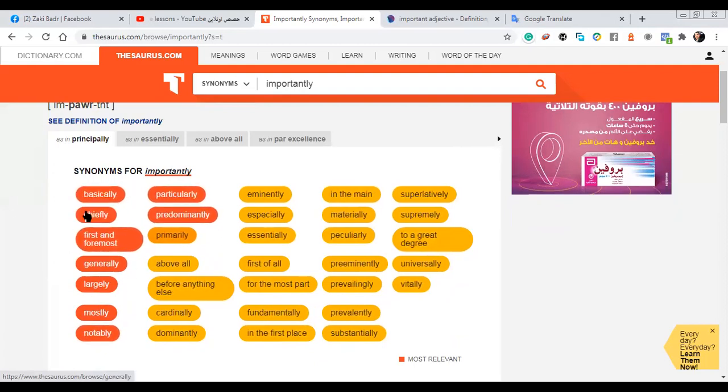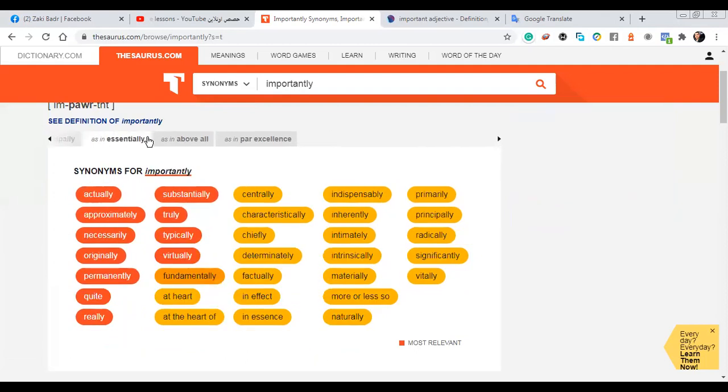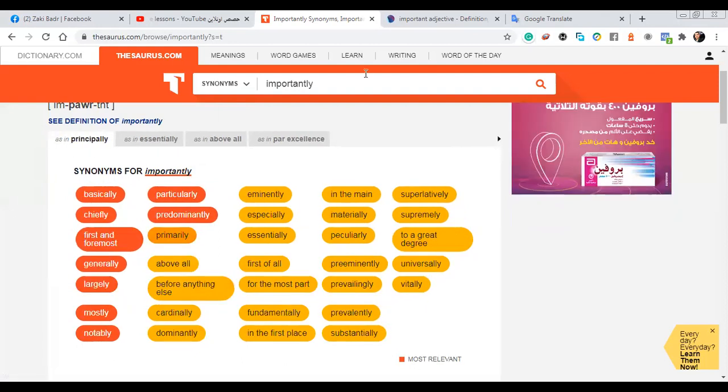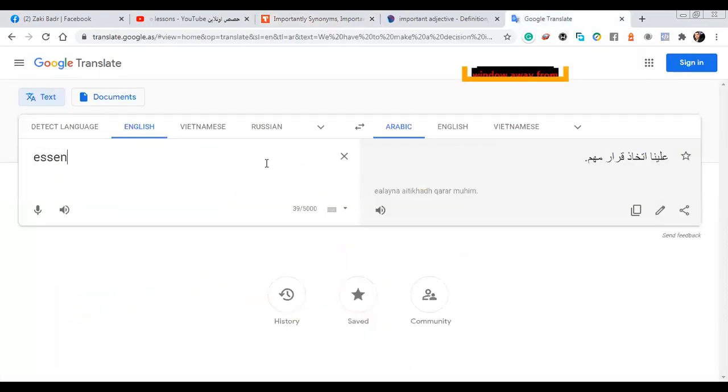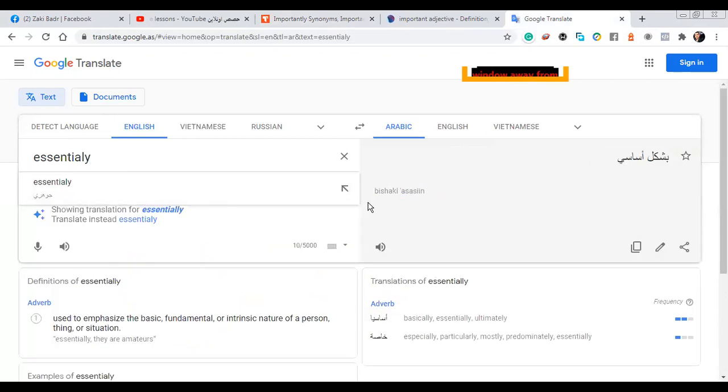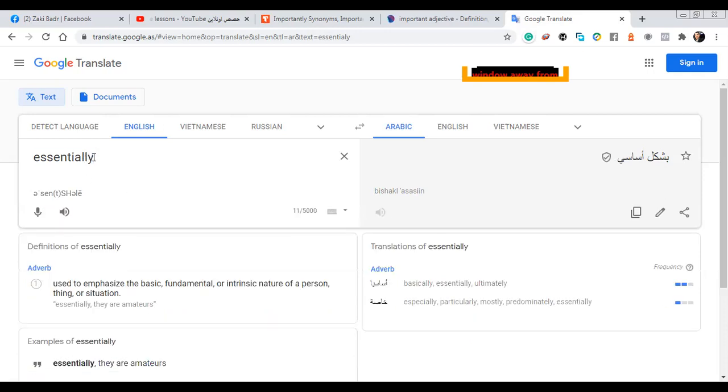So you need to use the thing that is very close to importantly. If you don't have very close, you can have essentially. Essentially. All right. So also you can put it here, essentially. All right. We have basically, essentially, ultimately.